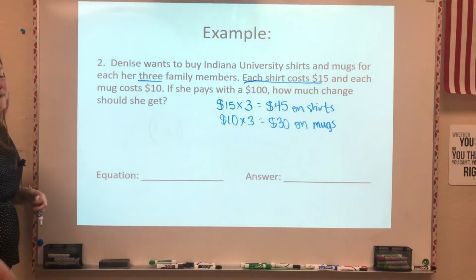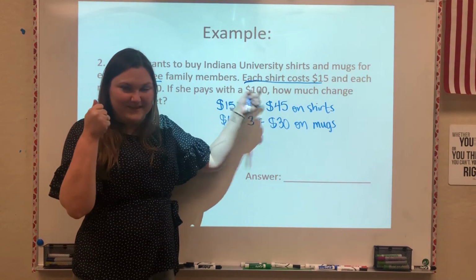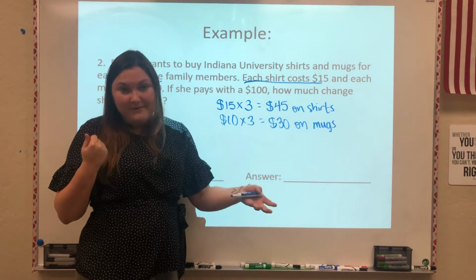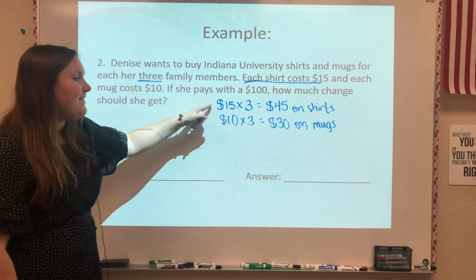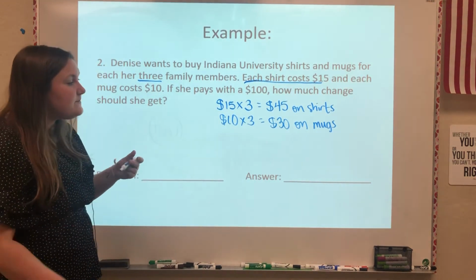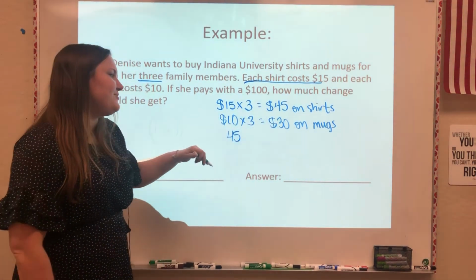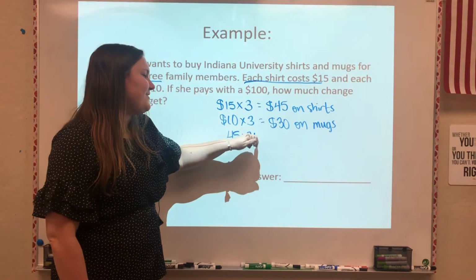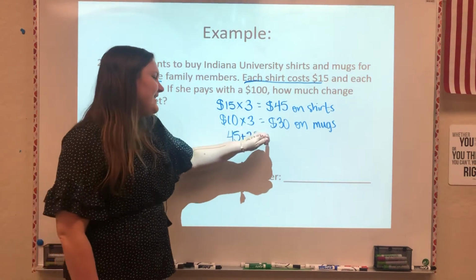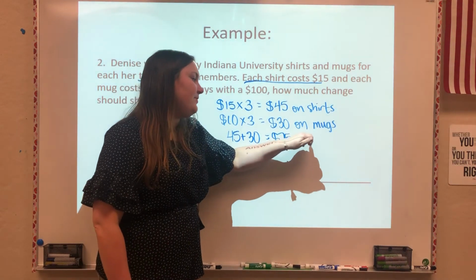To figure out how much change she should be getting back, we're going to take the amount of money she's paying with and subtract the total amount of money she's spending. So I've got this information here, but I'm going to go ahead and put it together to find the total she has spent. If I want to do that, I'm taking the $45 she spent on shirts and adding in the $30 she spent on mugs, and that tells me she has spent $75 total.